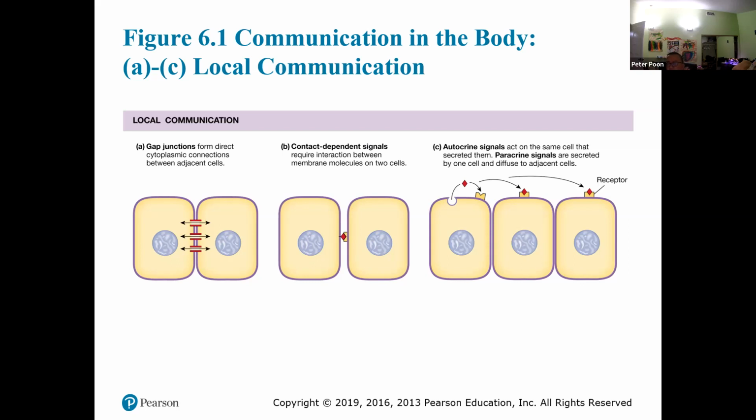The signal is like, don't grow to this side because I'm already here. That way you get a single sheet of cells that don't overlap each other or compete with each other. Cancer is very famous for wiping out these signals. So now you have cells that grow on top of one another and kill each other, and the cancer cells win that fight.